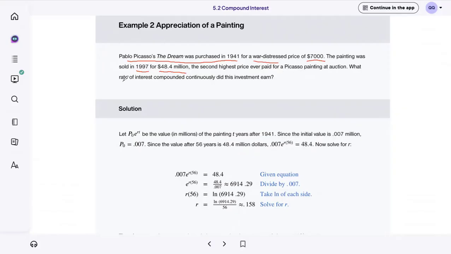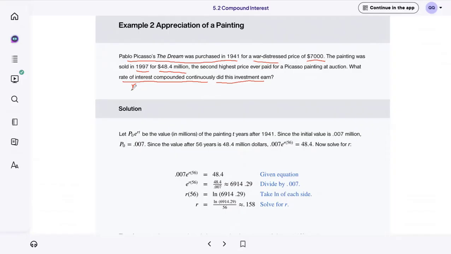So this is asking, what rate of interest compounded continuously did this investment earn? So this is looking for the rate of interest, r. It didn't say the rate of change, the rate of growth or rate of decay, right? The rate of interest.